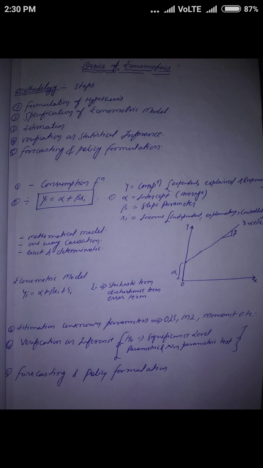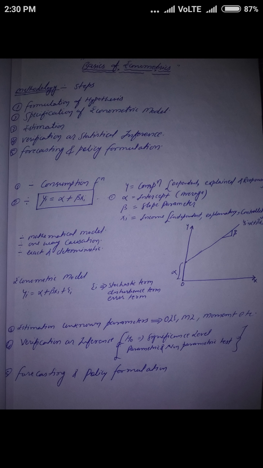Basically, econometrics empirically verifies the hypothesis and further it becomes a part of policy formulation. There are various methodological steps through which our hypothesis becomes a part of policy formulation.